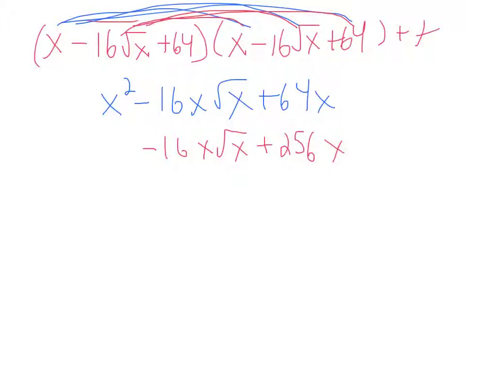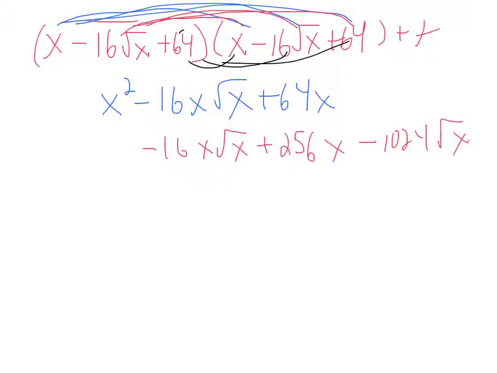And then the last one's going to be 64 times 16 is, let's see, according to my calculator, 64 times 16 will be, and it's negative 1024 root x. And then the last one is going to be, here I'll use black ink, we're just going to distribute that 64 through.